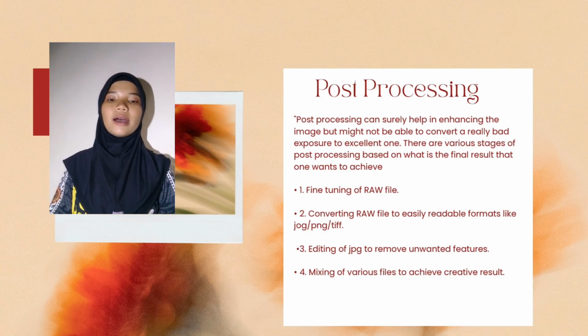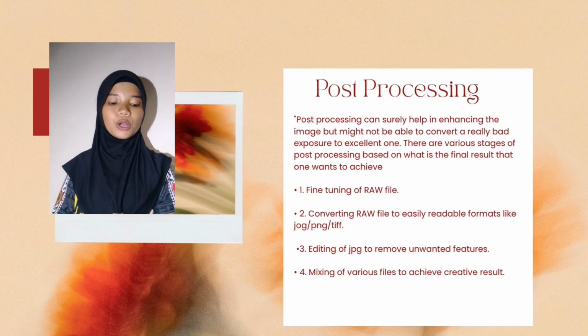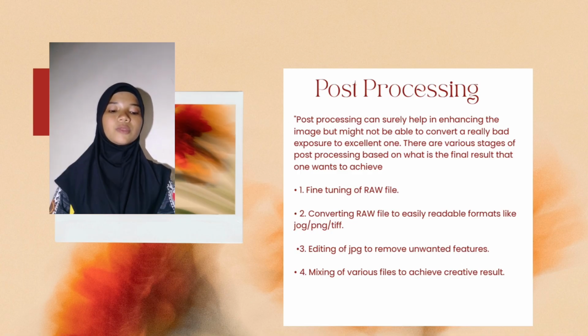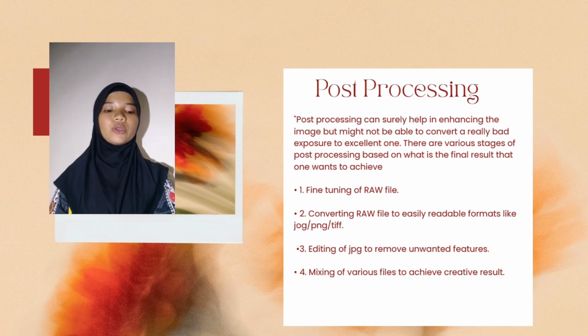So now we have four steps of post-processing. The first one is fine tuning of the raw file. A raw file contains full image data from the camera. Fine tuning means adjusting the photo's exposure, contrast, sharpness, and color before exporting it. For example, you took an underexposed picture in Lightroom, you increase the exposure, add contrast, and sharpen that image.